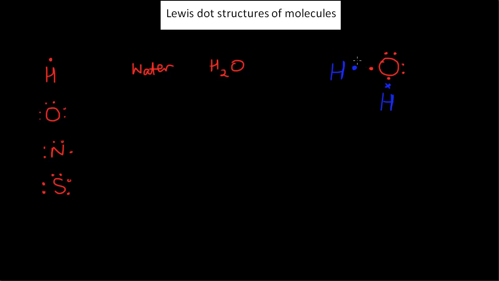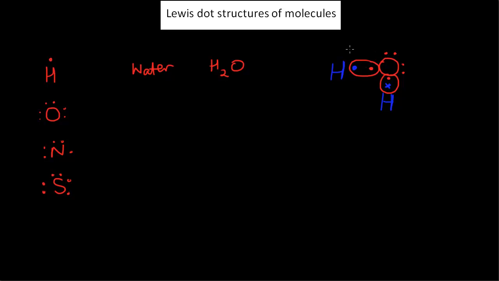So the hydrogen here shares its electron with the oxygen, and so the oxygen has 7, and this hydrogen comes along and shares its electron with the oxygen, so the oxygen then has 8. So there's this sharing that's happening, and in doing so the oxygen also shares one of its electrons with each of the hydrogens, so the hydrogens have 2 in their outer shell, completing their valency shell.